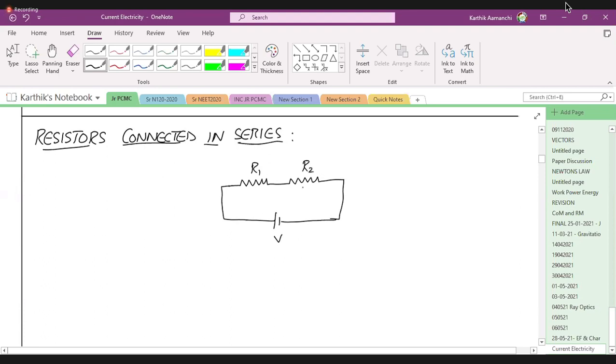Whenever the current flowing through the resistors is same, then the resistors are said to be connected in series. Now tell me what is your R effective for this? R1 plus R2.